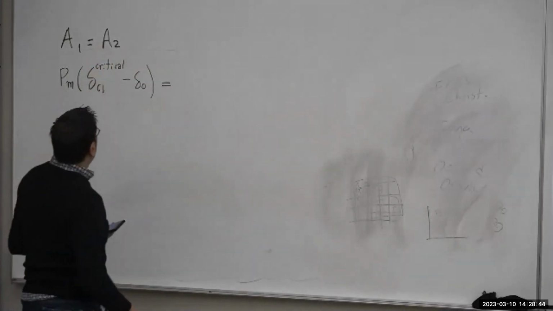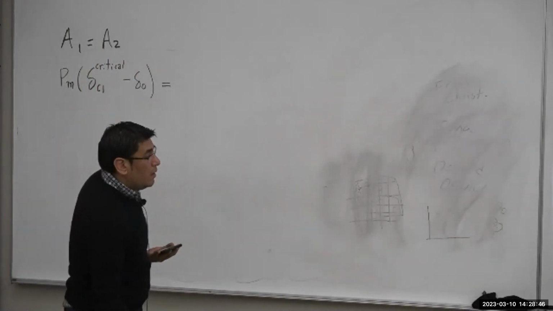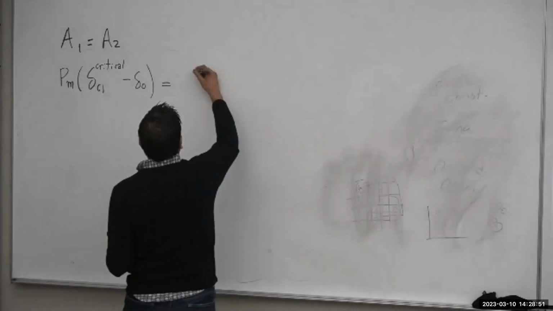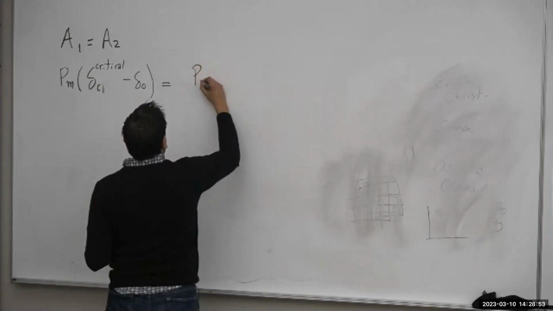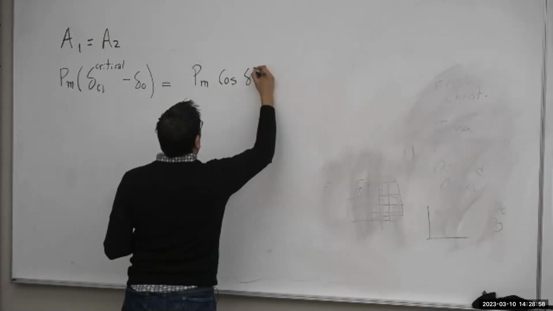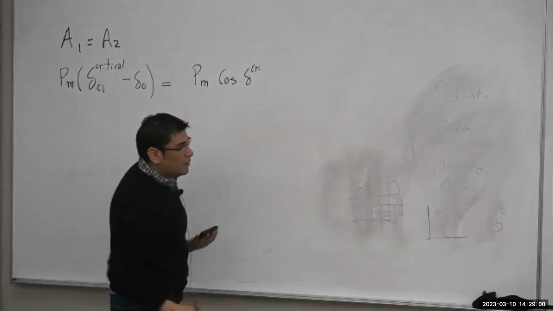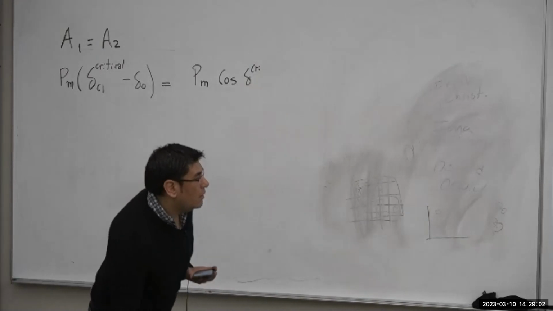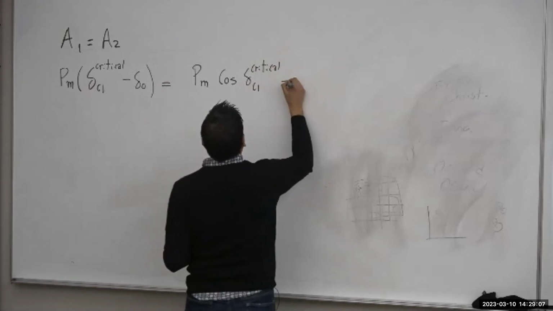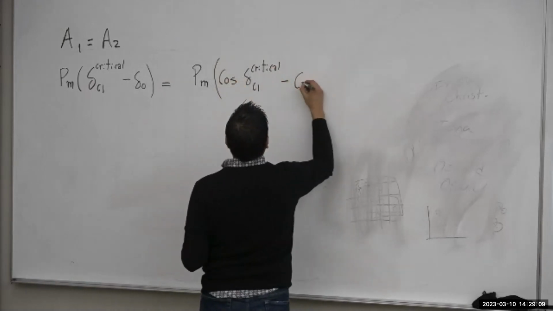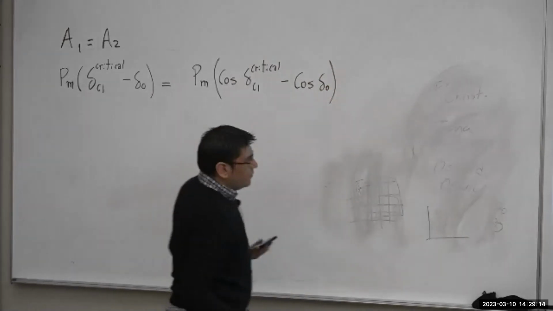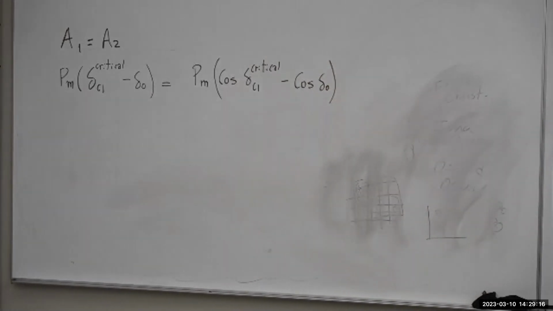And this must be equal to the second area, which is going to be P max cosine of critical clearing angle minus cosine of delta zero. Is that right? Yeah.